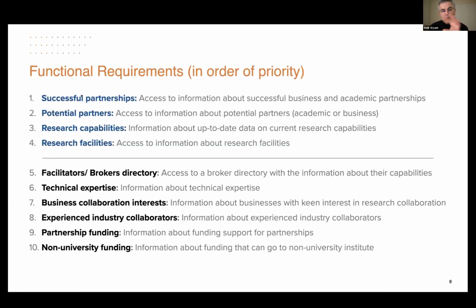The top-ranked ones are successful partnerships, what the potential partners are for both researchers and businesses, and the research capabilities in Australia, including universities, research institutions, research centers, and research facilities. Some of them are government-funded infrastructures sitting inside universities. The second tier of requirements includes finding facilitators and brokers, finding someone with specific technical expertise, and identifying funds that enable those partnerships, and so forth.